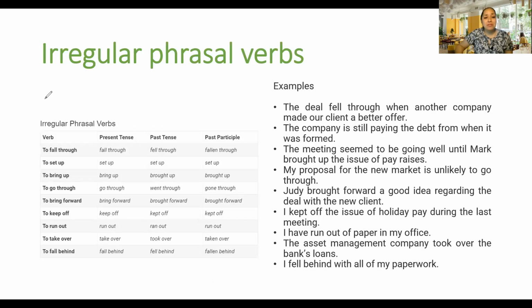So when we talk about irregular phrasal verbs, for example: to fall through, fell through, fallen through. To set up, it's actually used the same. To bring up, brought up. To go through, went through, gone through.